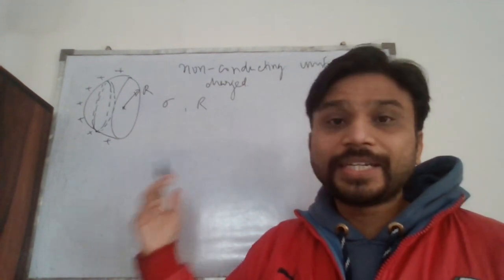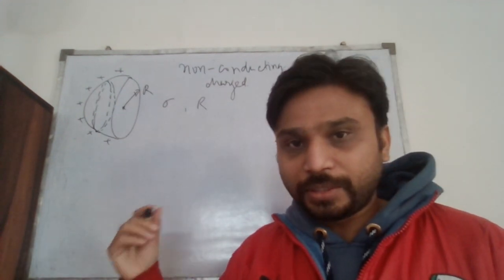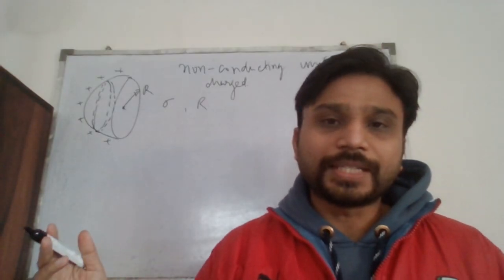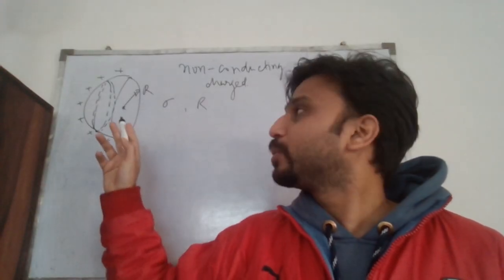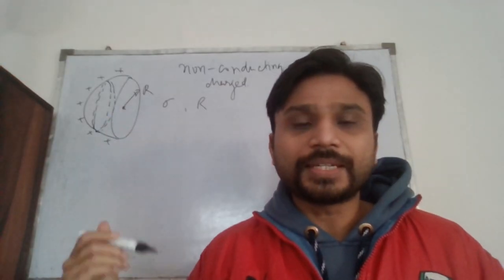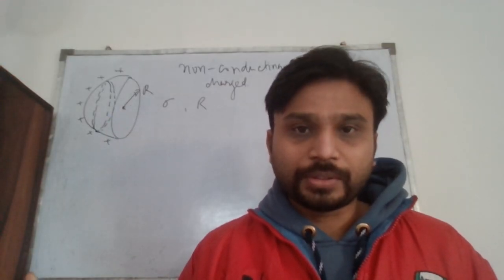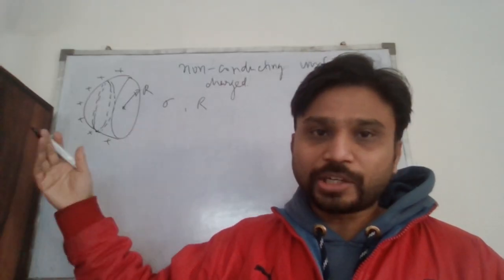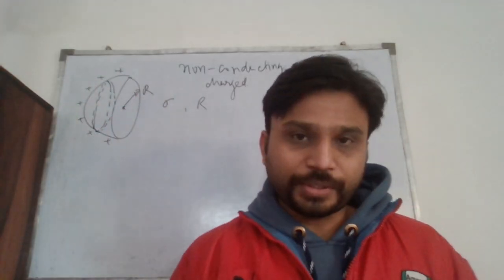Many times an inverse question also comes. What is asked from us is that you have a charge q placed at the center of this hemisphere, and then it is asked what is the force exerted by that charge on this whole hemisphere.